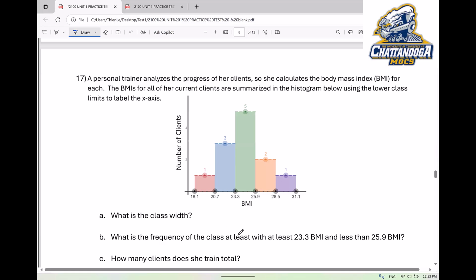What is the frequency of the class with at least 23.3 and less than 25.9? So which is this class, right? From 23.3 to 25.9. So the frequency here is the top number here, which is 5.